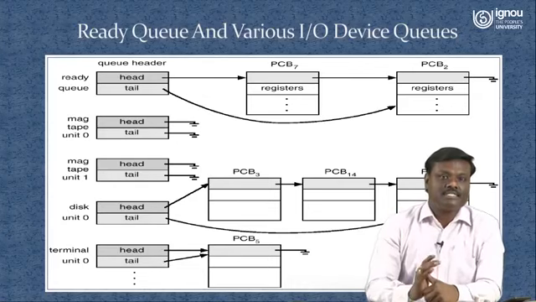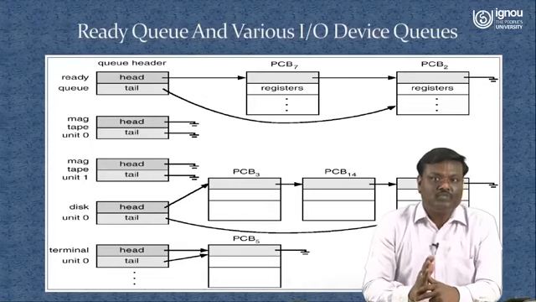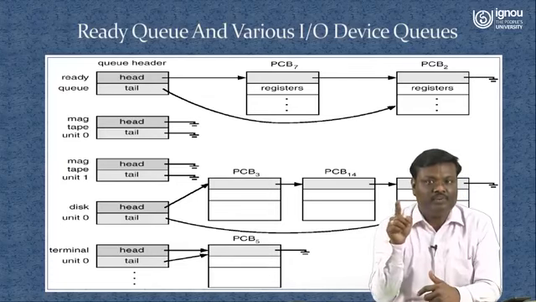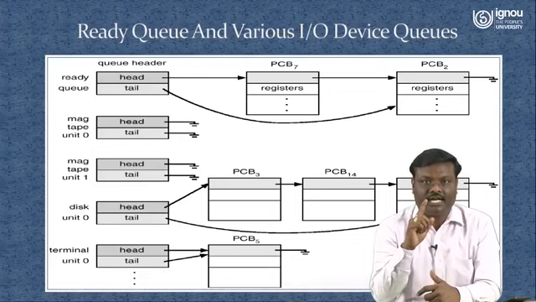Suppose now PCB 1 comes: the link will be detached from the tail and PCB 1 will be attached, PCB 1's address will be stored in the tail, and the count will be increased to 3.